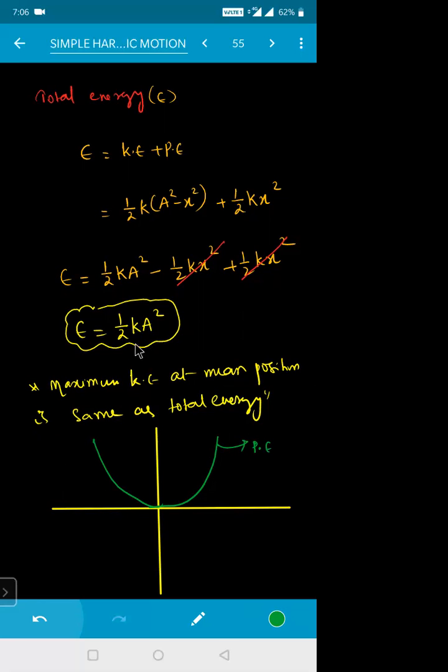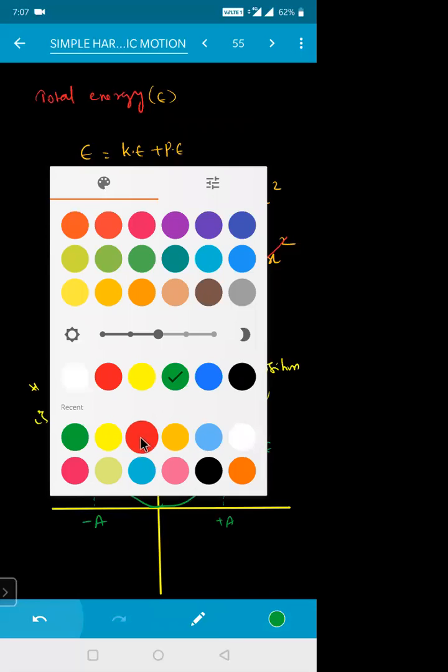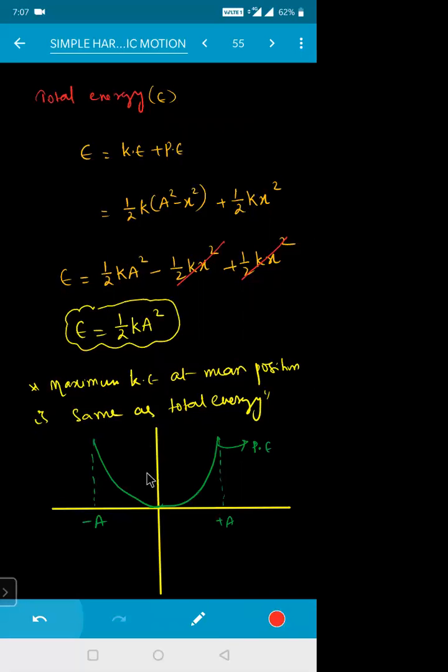Kinetic energy, you see right now. Writing the kinetic energy against position, this is positive A, plus A, and this one is at negative, minus A. In the same way, kinetic energy will be a parabola in the downward direction, like this.